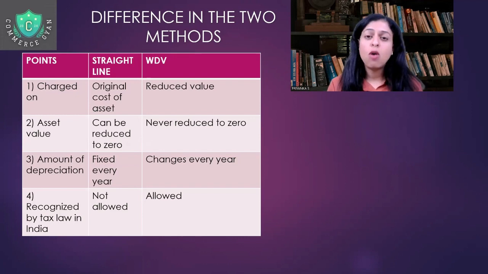Now, more such detailed examples, journal entries, how you write the depreciation and how you show it in your profit and loss and other places while drafting the final accounts, we are going to do when we prepare the final accounts, that is, the trading profit and loss and balance sheet. So in the further videos, we are going to learn to prepare the final accounts in depth.